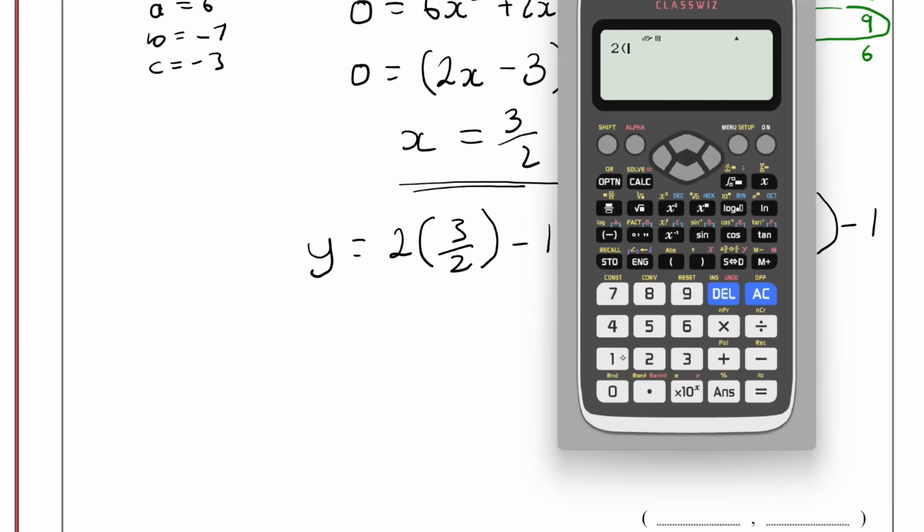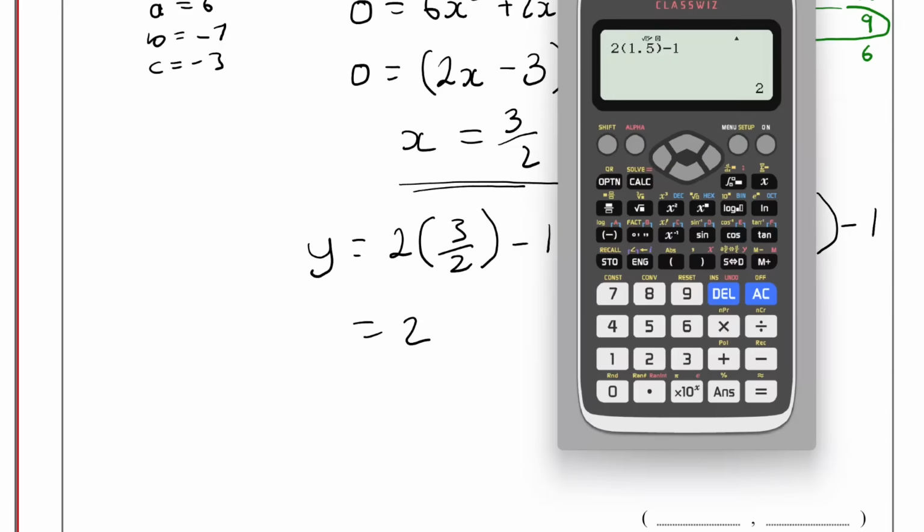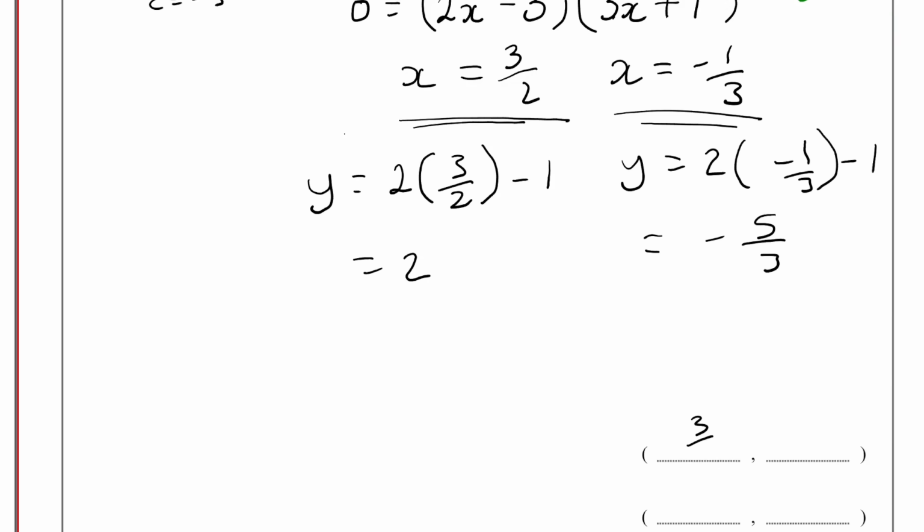So 2 times 1.5 take away 1 is 2. And 2 times minus a third take away 1 is minus 5 thirds. So we have, as our answer, x is 3 over 2, y is 2, or x is minus a third, and y is minus 5 thirds.